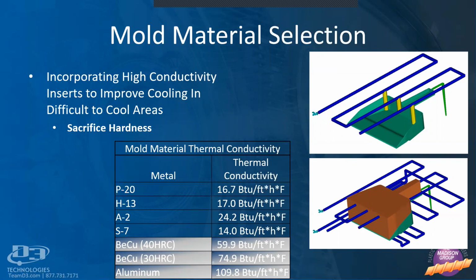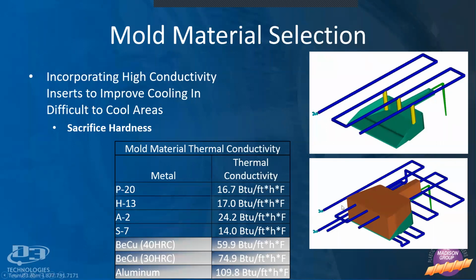We do have options as a designer, as an OEM, to change those mold materials into high conductivity beryllium copper or copper alloys, sorry, that will increase our thermal conductivity. So if we can't get all the ideal cooling that we want in our part, we can integrate this insert for our part that will improve the cooling on our part without having to have a lot of cooling in our part.